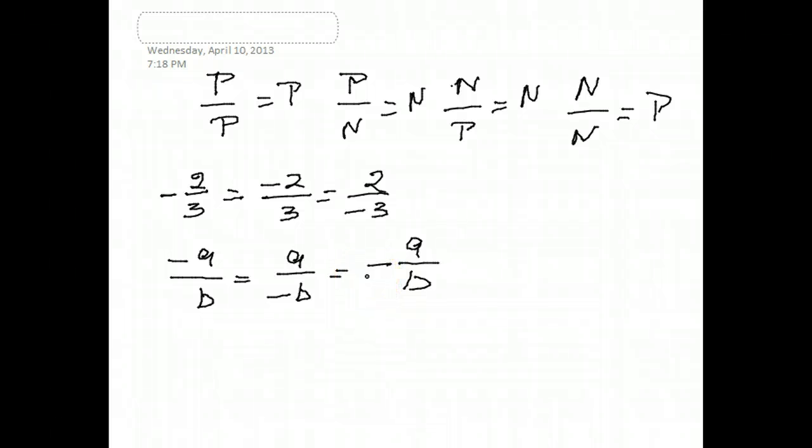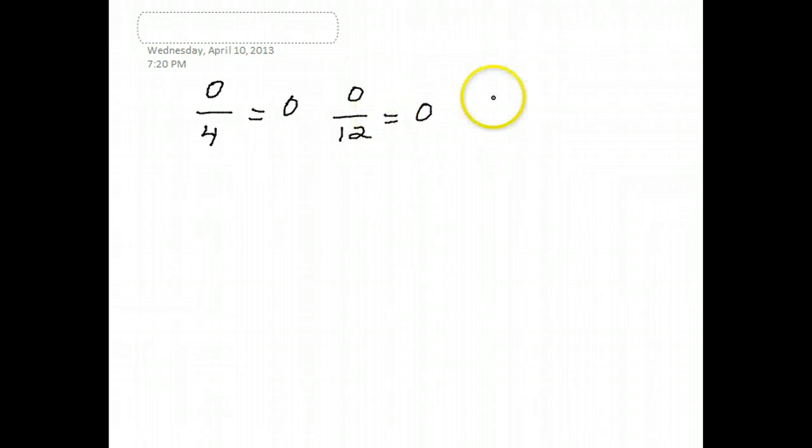Okay, now let's talk about what happens when we're dividing and there is a 0 in one of the numbers. If I divide 0 by a number, 0 divided by 4 is equal to 0. 0 divided by 12 is equal to 0. 0 divided by 1024 is equal to 0.